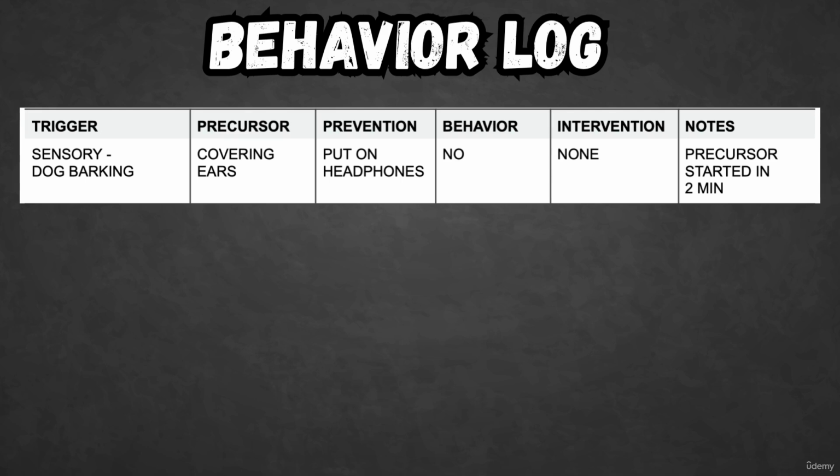And it's a good thing to put in the notes how long the precursor took to show from the dog barking, which in this case was 2 minutes. The reason why time is important is because you can see how quickly you need to attend to it before the individual can escalate to a behavior.